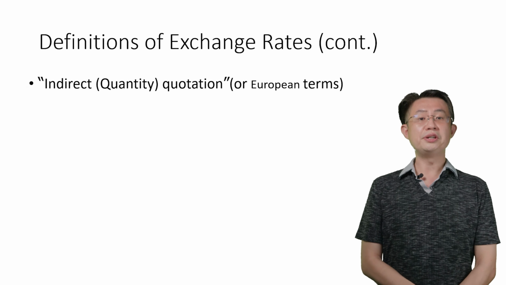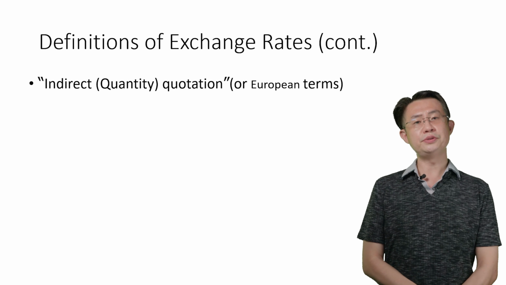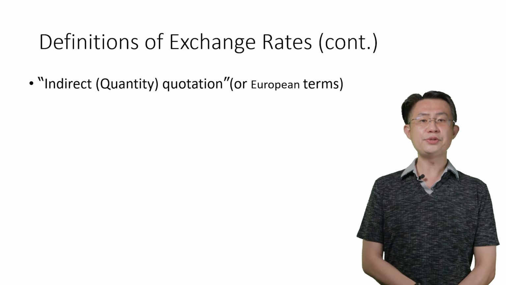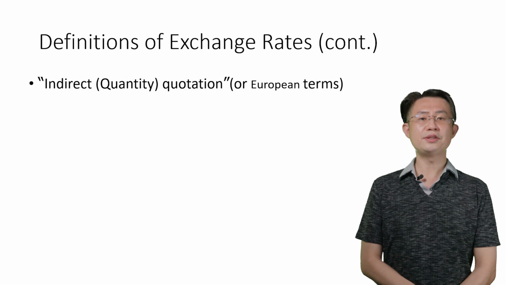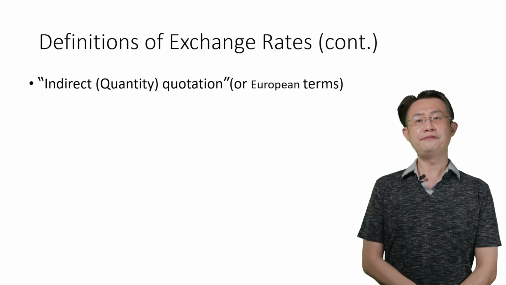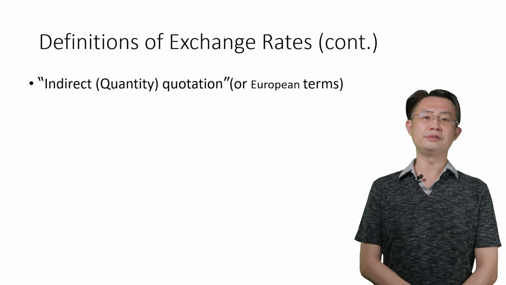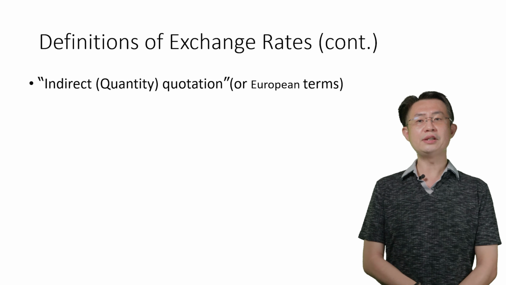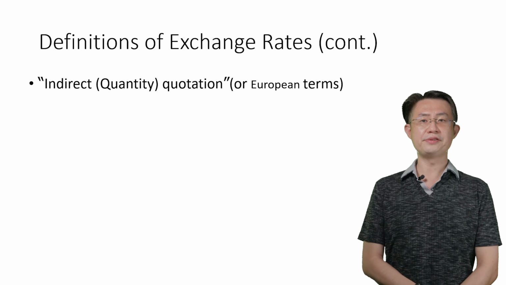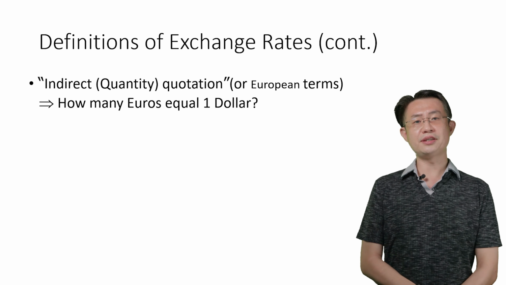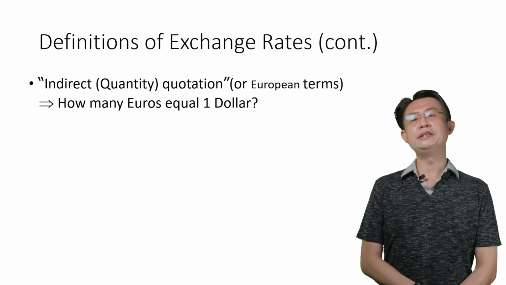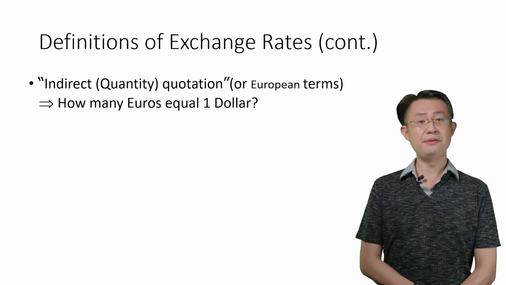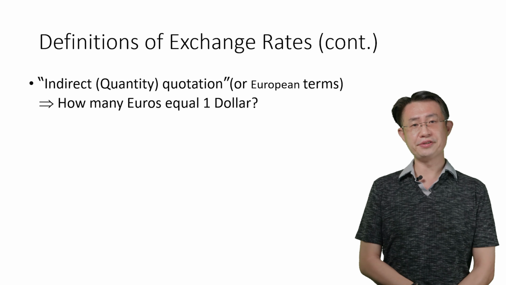according to the previous examples, here I want to illustrate how to express the exchange rate. Actually, we have two ways to illustrate exchange rates. The first way we call indirect quotation. In other words, we can call it quantity quotation or European terms. In this way to illustrate the exchange rate, for example, here I would like to consider two major currencies.